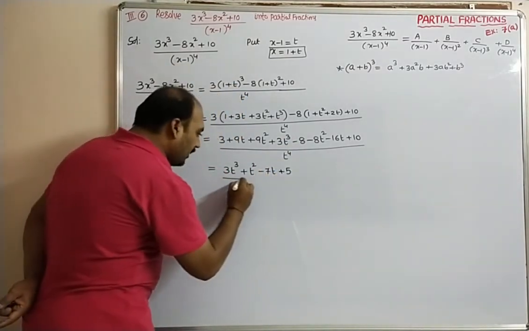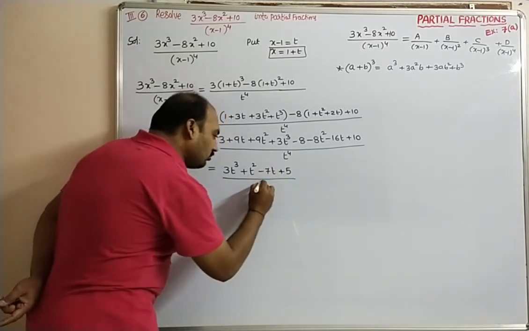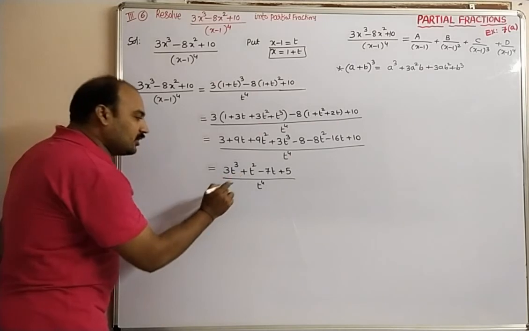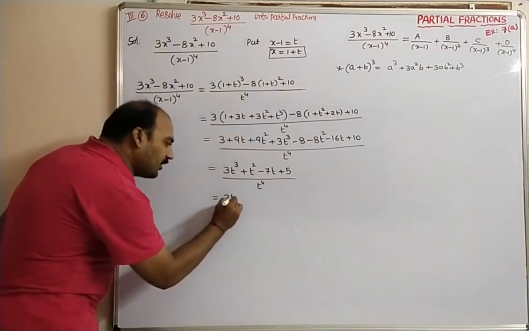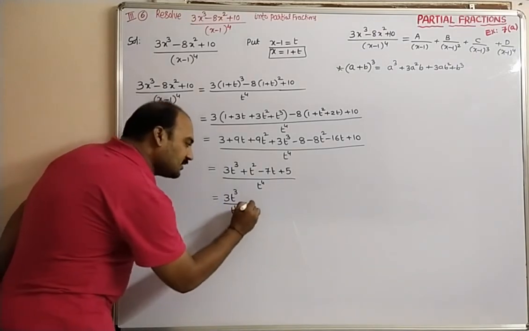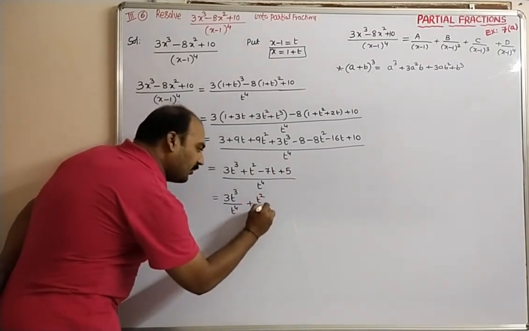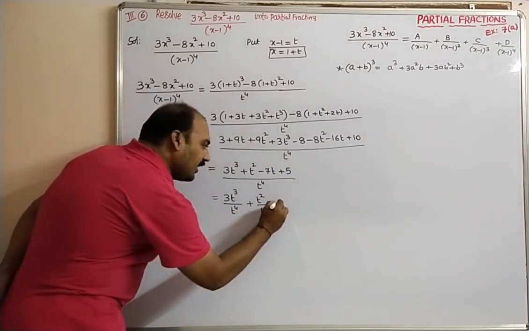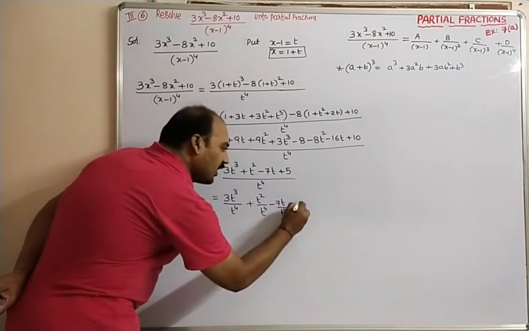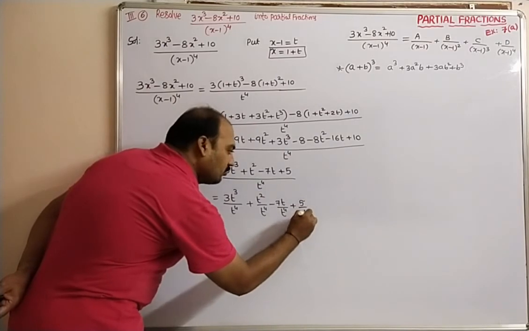The whole thing divided by t power 4 is equal to, splitting each term, 3t power 3 divided by t power 4 plus t square divided by t power 4 minus 7t divided by t power 4 plus 5 divided by t power 4.